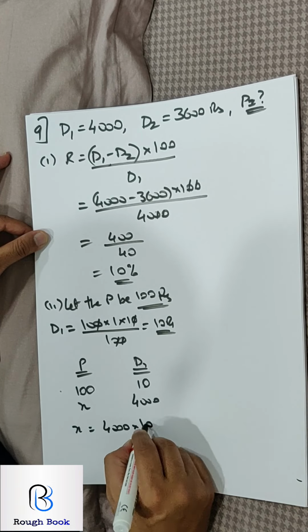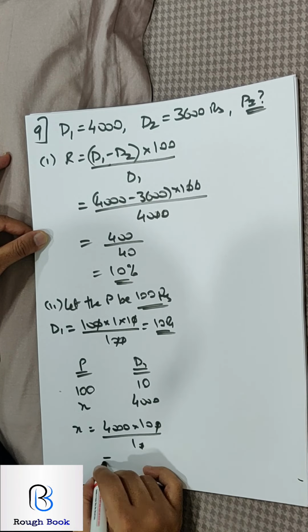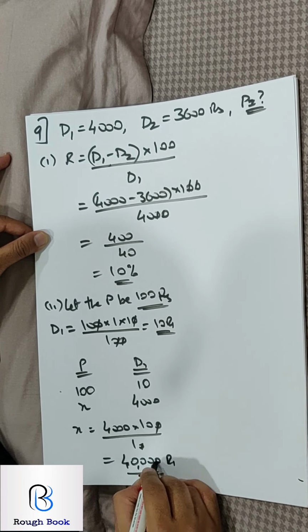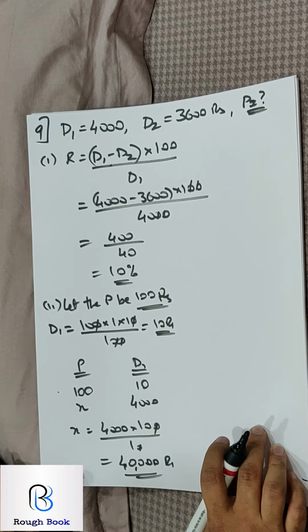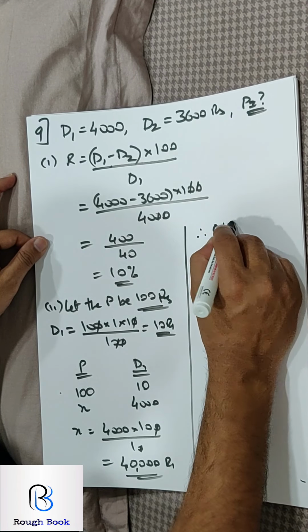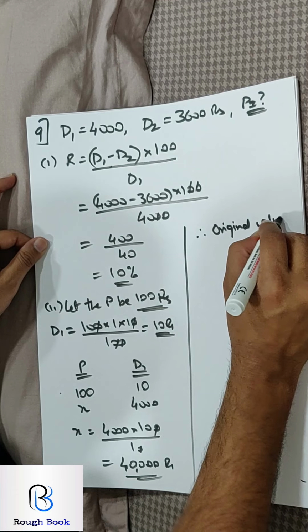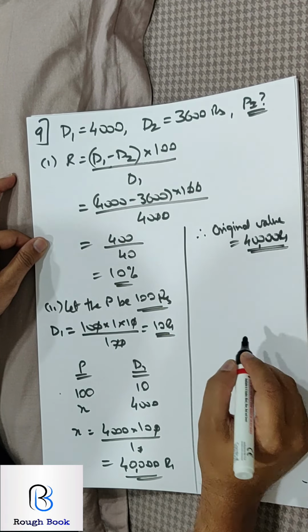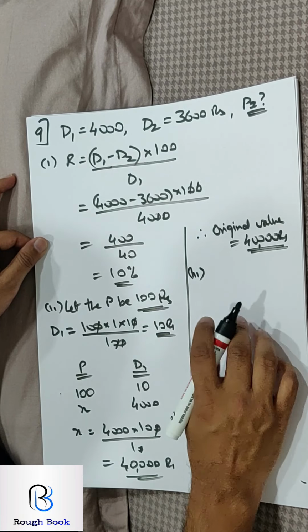So 4,000 into 100 upon 10. So that gives me 40,000 rupees. So I managed to get my original sum. So I will write therefore original value is equal to 40,000 rupees. Sorted?